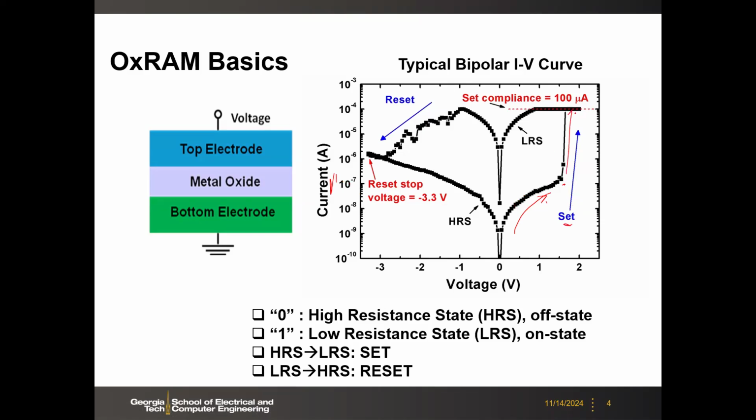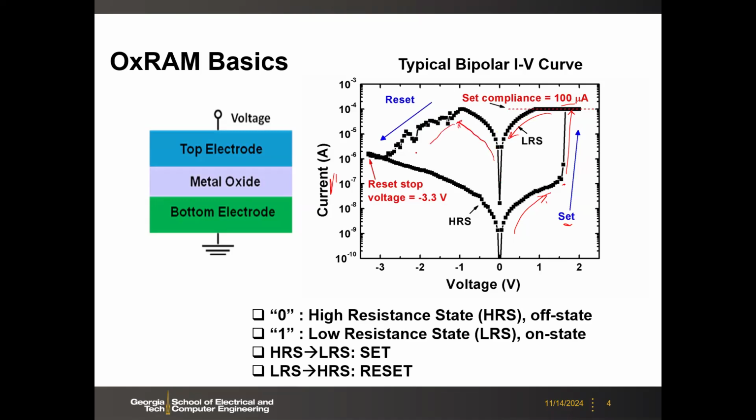The current jumps, and here typically we apply some compliance current to prevent the permanent breakdown of the device. Here we limit the current, let's say 100 microamps, from the equipment. You can also do that with a transistor. You just provide the maximum current that you allow the device to pass. Then we sweep back, and the device is in the low resistance state. If we want to reset the device, we have to apply a negative voltage.